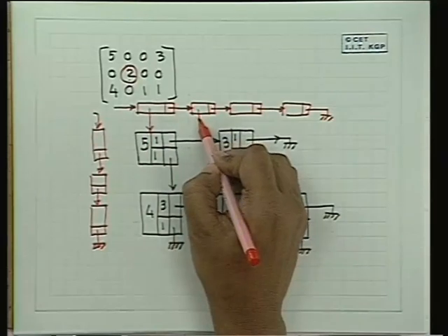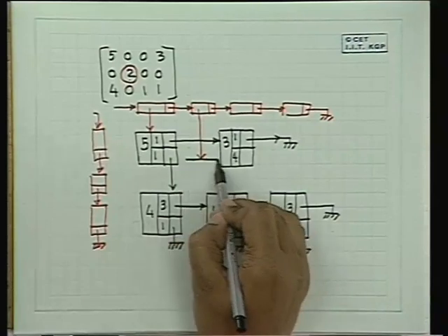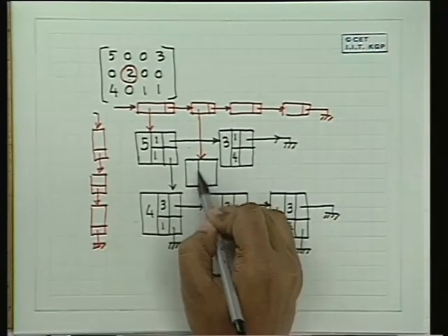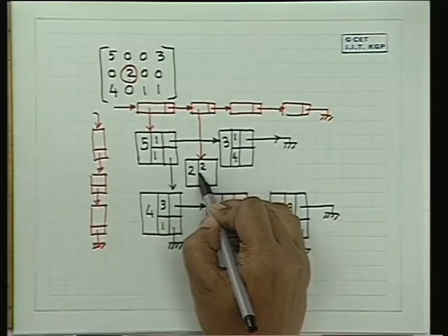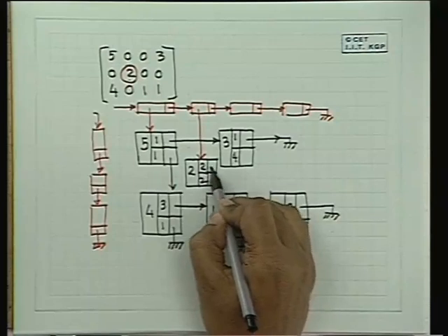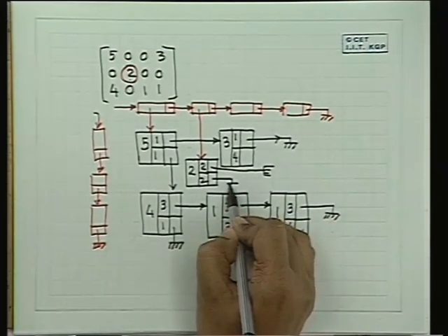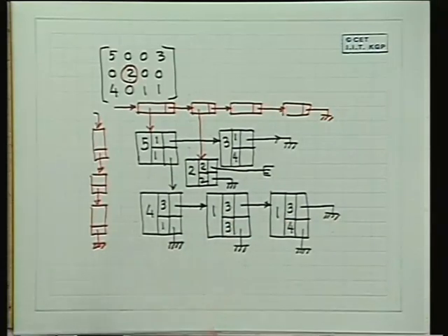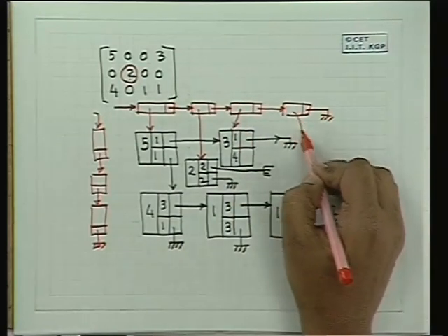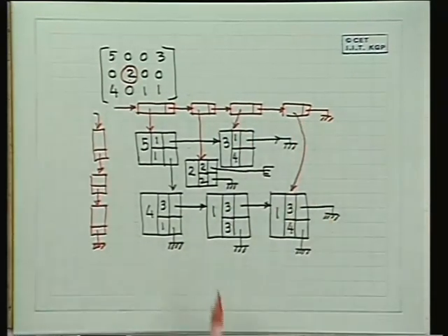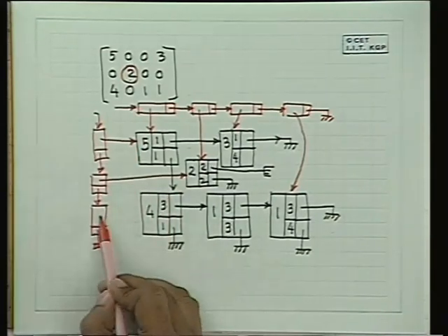This will be pointing to that second element, 2. Now this can be grounded and this can also be grounded. There is no difficulty. This will point here, this will point here, this will point here, this will point here.